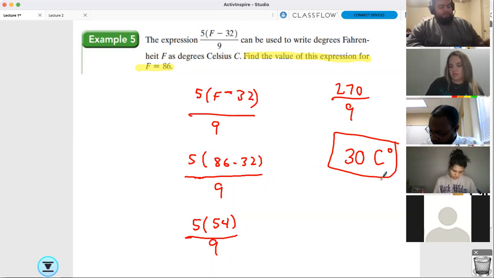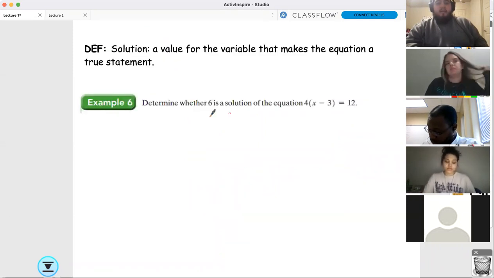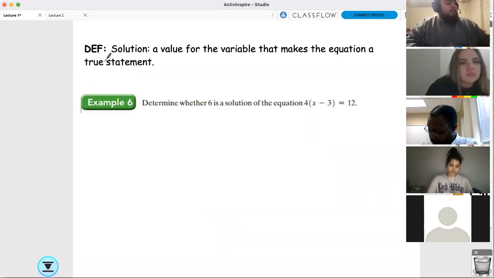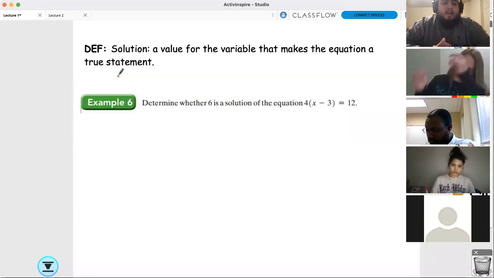All right. Would anyone need an extra minute to copy this slide down before I move on? Speak now or forever hold your peace. All right, let's move on. Now we have a definition here. I'm going to give you about 2 minutes to write the definition and example 6.